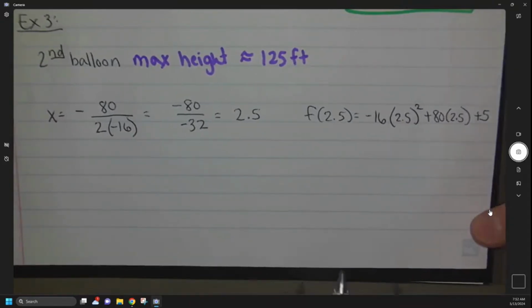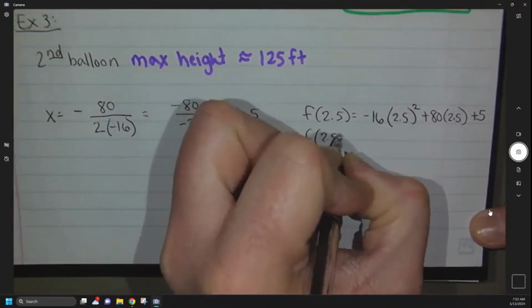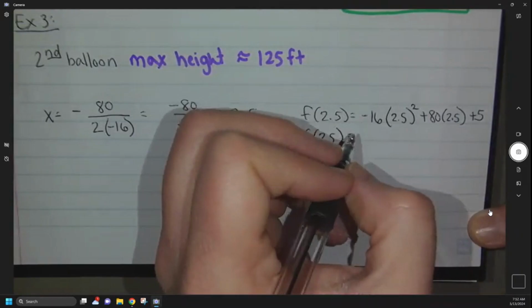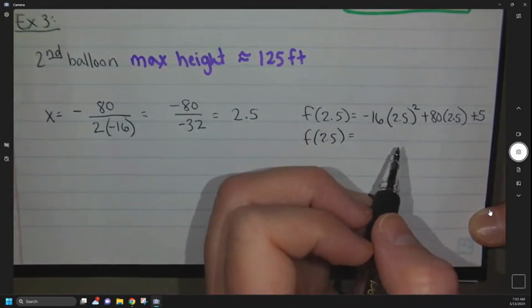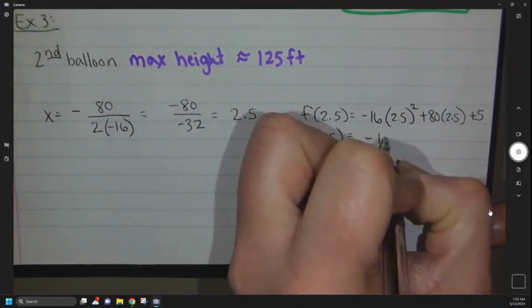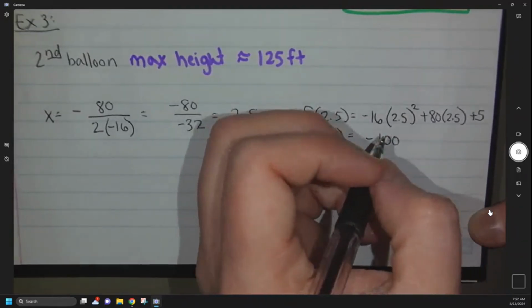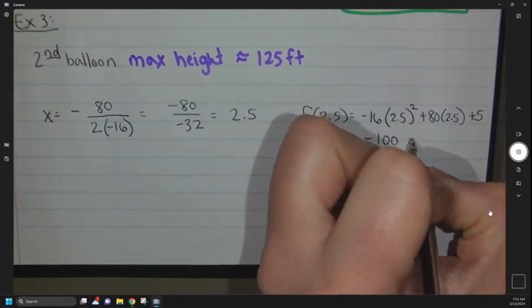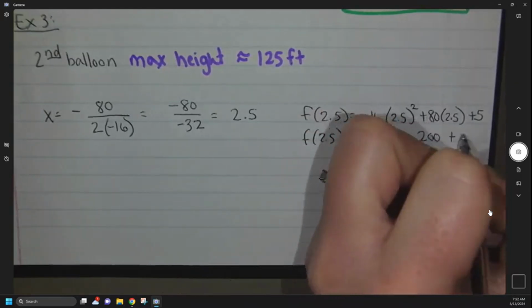All right, so let's simplify this. F of 2.5 equals negative 16 times 2.5 squared is negative 100. 80 times 2.5 is 200 plus 5.